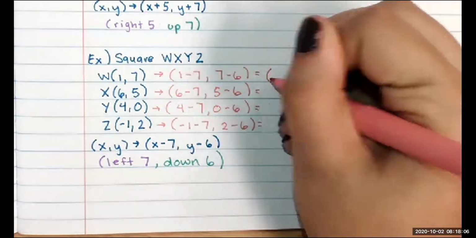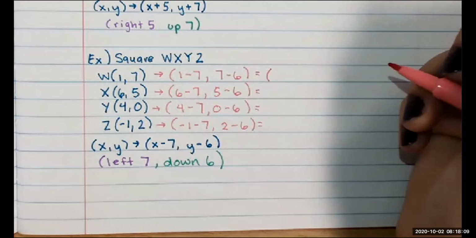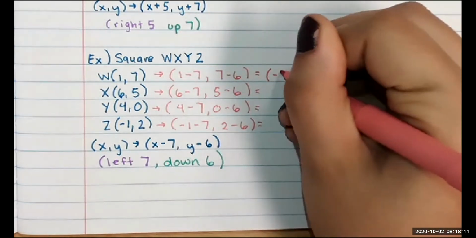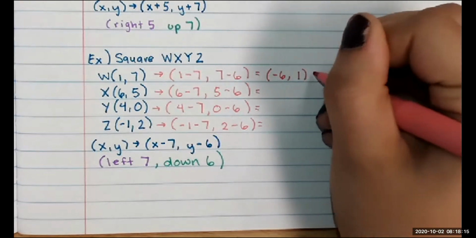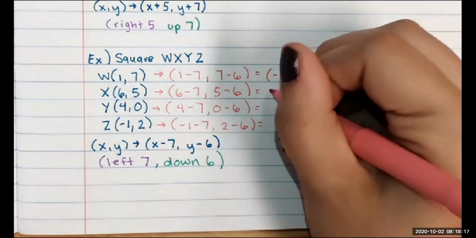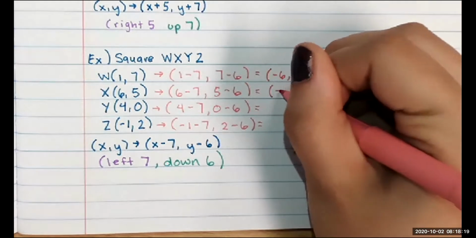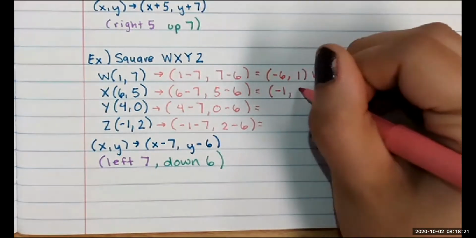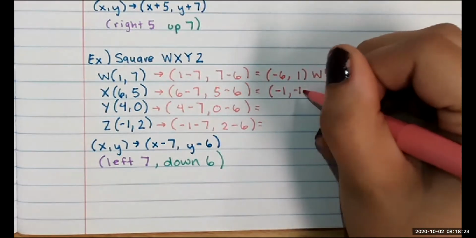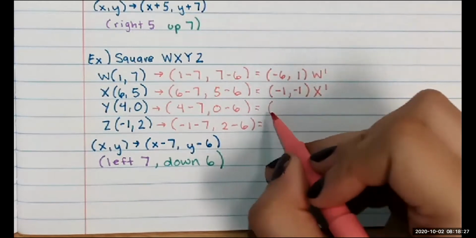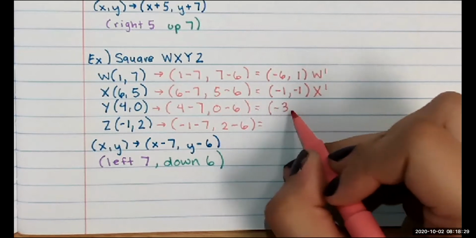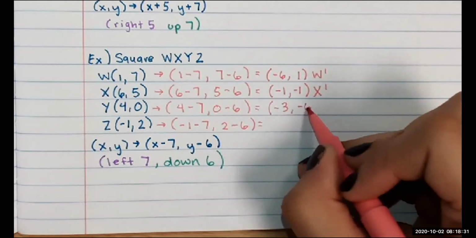All right, so now I'm just going to go through and subtract. 1 minus 7 is -6. 7 minus 6 is a +1. 6 minus 7 is a -1, and 5 minus 6 is a -1. 4 minus 7 is -3. 0 minus 6 is -6.